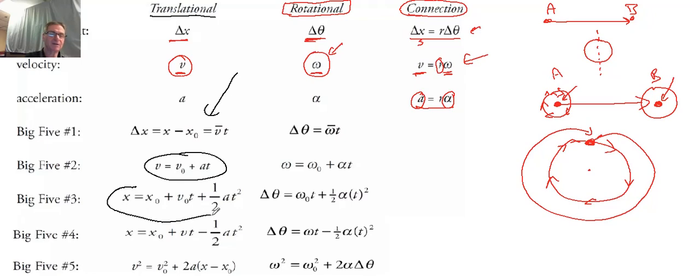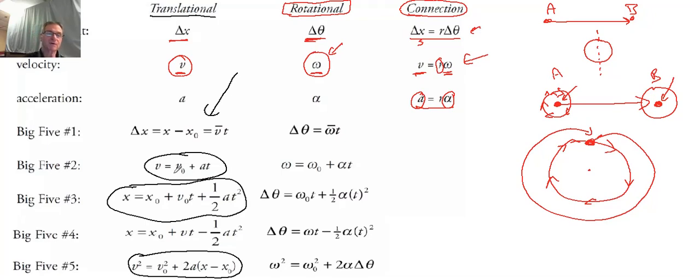This is certainly a favorite, especially when we come to projectile motion. This one's a favorite over here, right? So we use all of these, some more than others, and they have their counterparts in rotational dynamics.